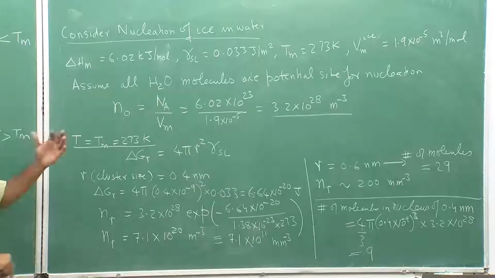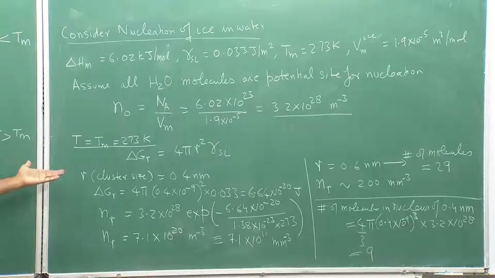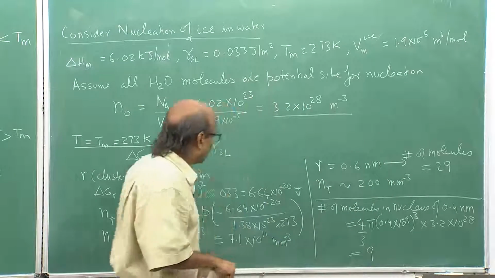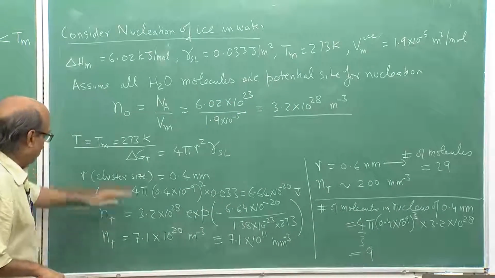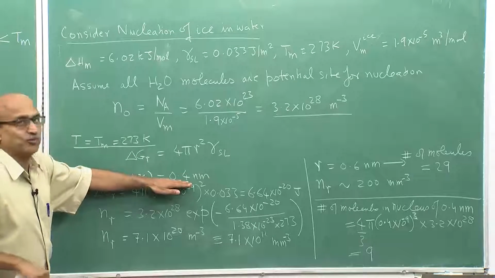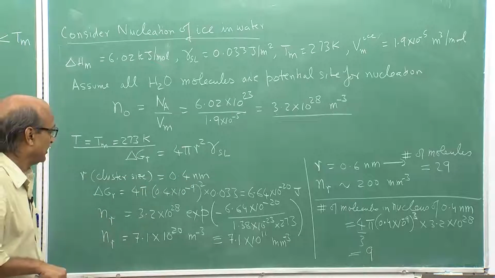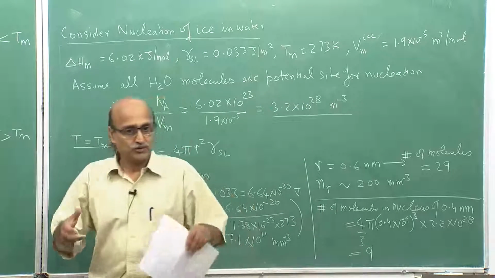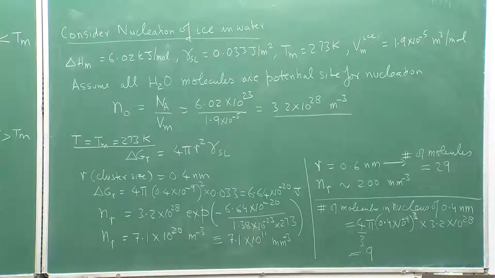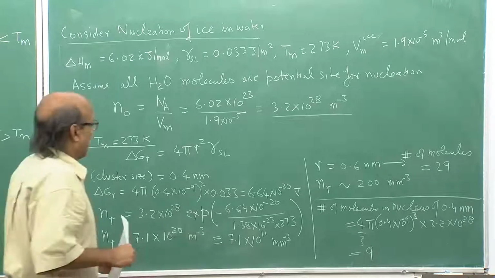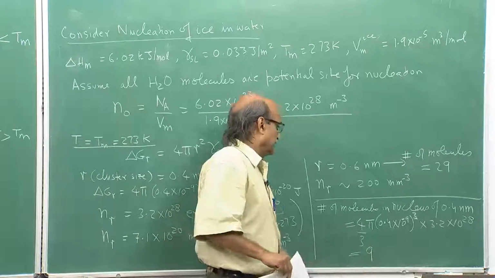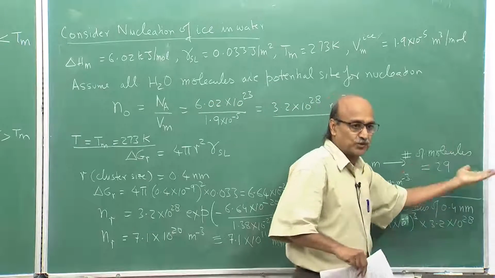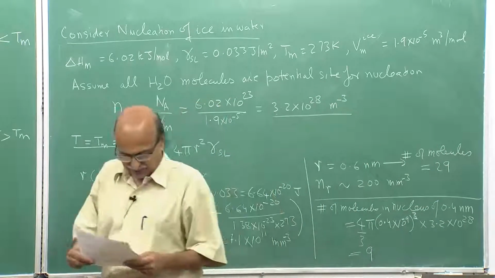So, all what we are seeing here is that as the size is increasing, obviously the number of molecules has to go up, which also means that for the nucleus of size 0.4 nanometers, only 9 molecules have to come together to form a crystalline solid, which is much more probable as compared to if 29 molecules have to come together to form a solid.